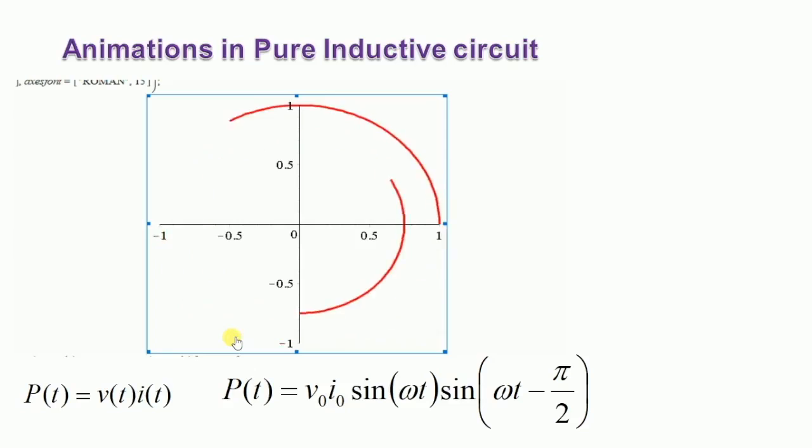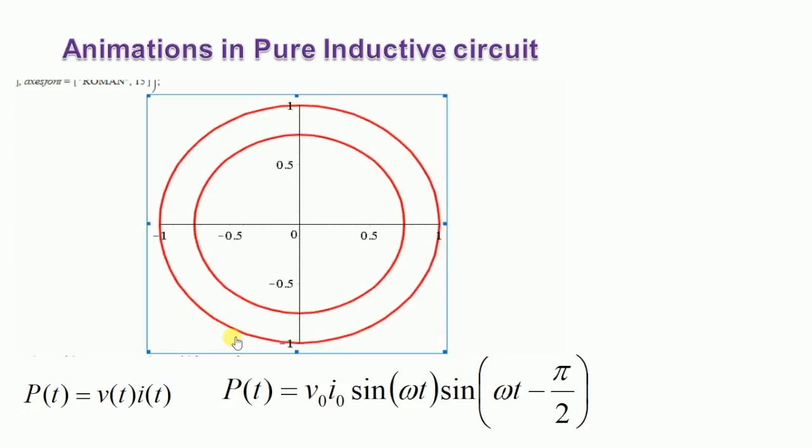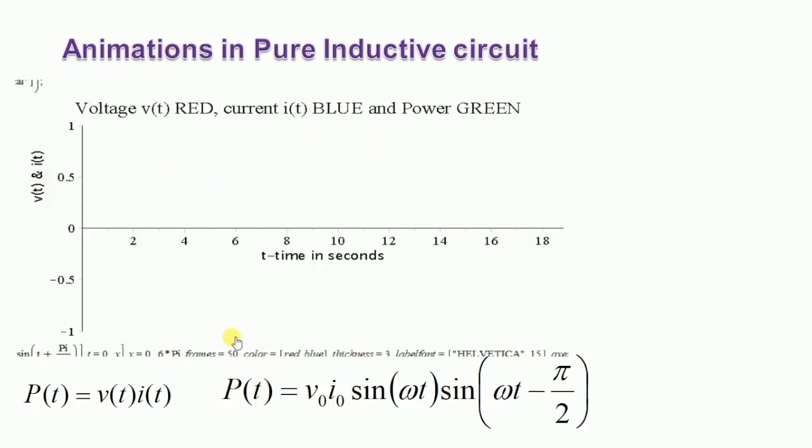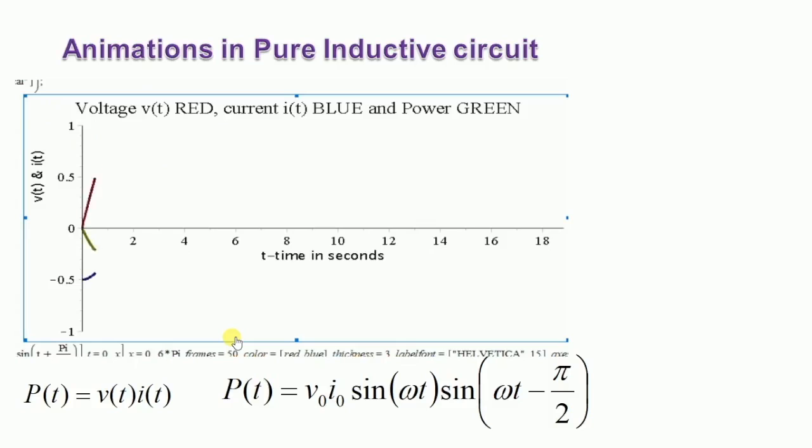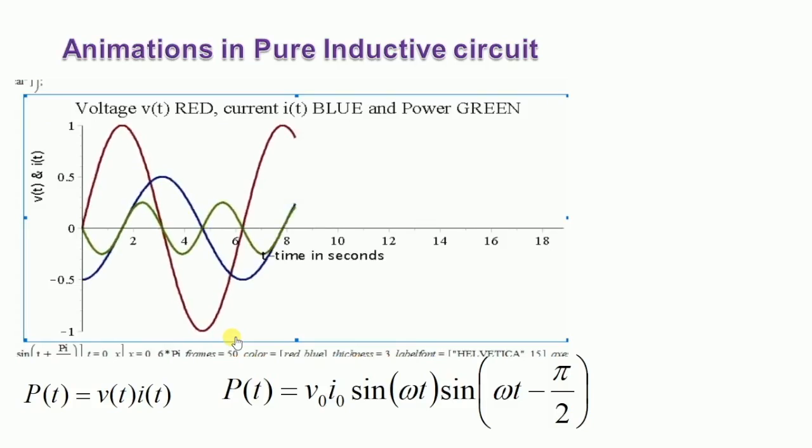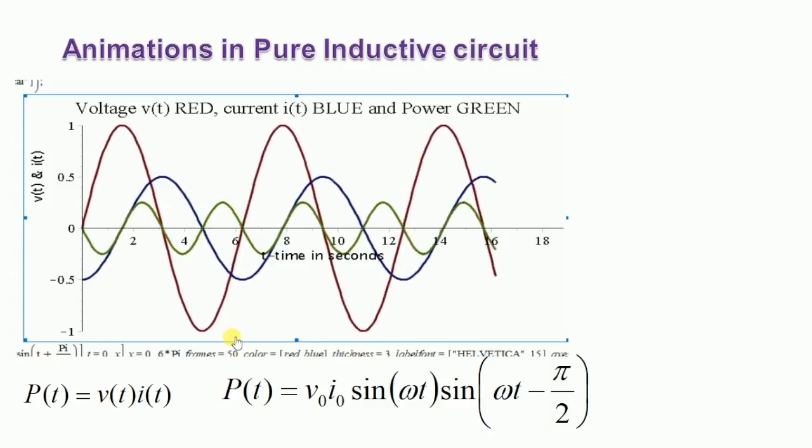Now the lagging pi by 2 circle starts from negative y-axis. Now in this animation we can see the fluctuations of power. The fluctuations of power you can visually see is with double angular frequency than that of the voltage or current.